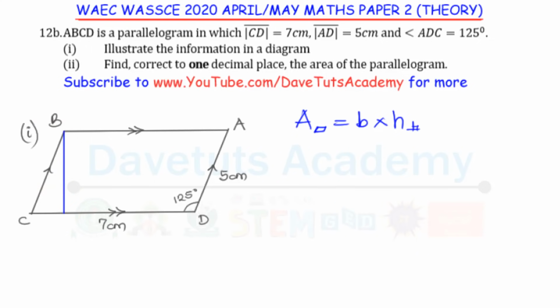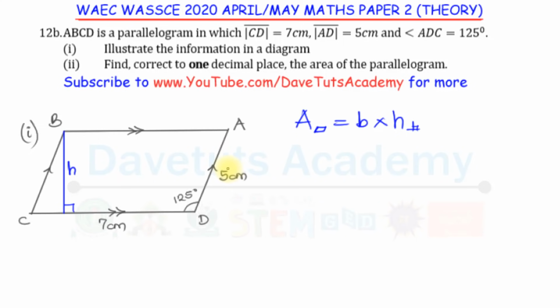That perpendicular height, by its definition, has to be at right angle to the base, and so this is the h that we need to multiply by. In this particular case, 7 centimeters is the base. So how do you find the value for the height? That's the first task confronting us.